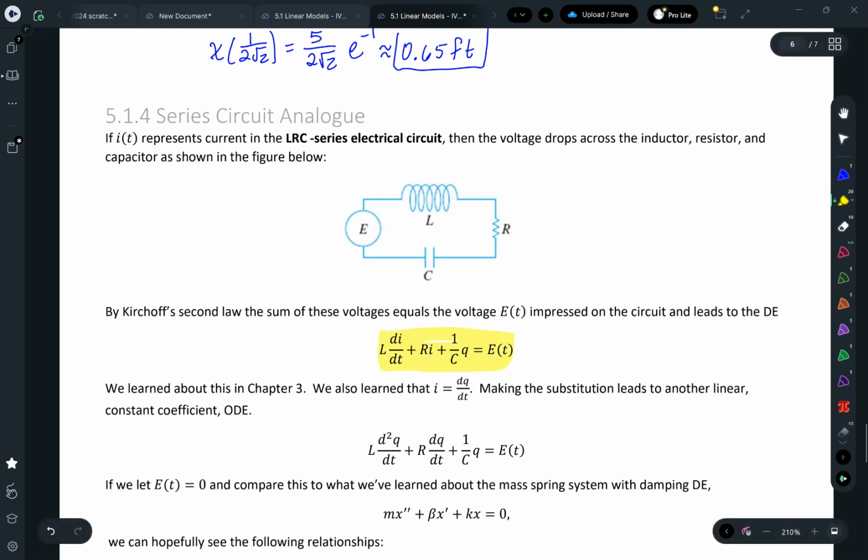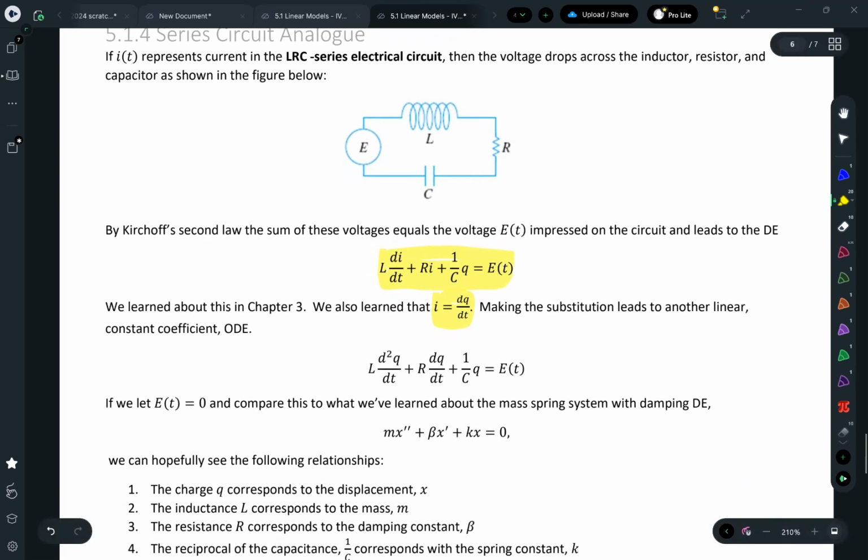L di/dt plus Ri plus (1/C)q is equal to E(t). And again, this isn't new. We learned about this in chapter 3. But we also learned that i is dq/dt. So if we make a substitution, it's going to lead to another linear constant coefficient ODE.